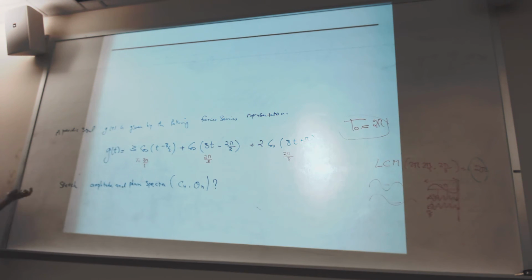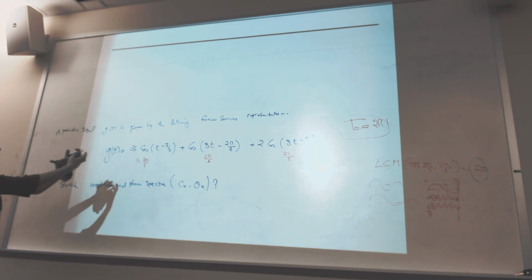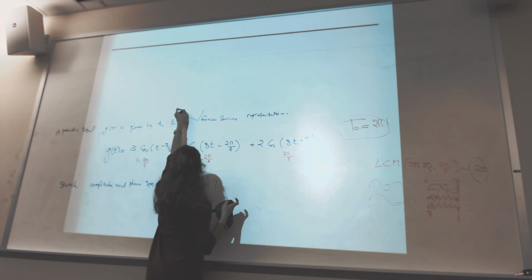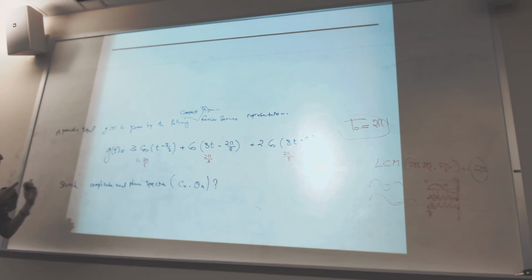Now, tell me what the C_n's and θ_n's are here. The claim is that this is a Fourier series representation, a compact trigonometric Fourier series.